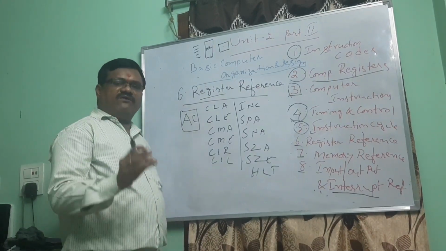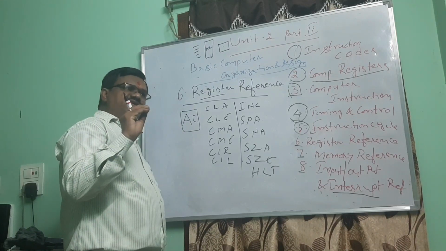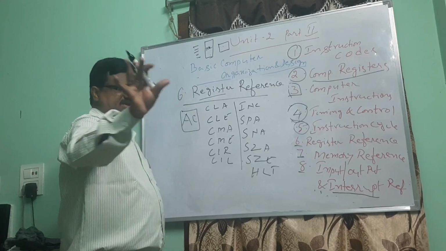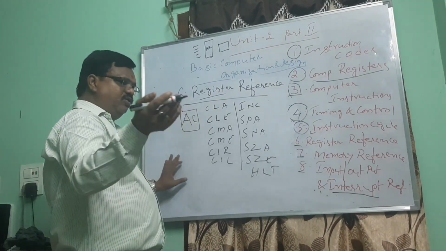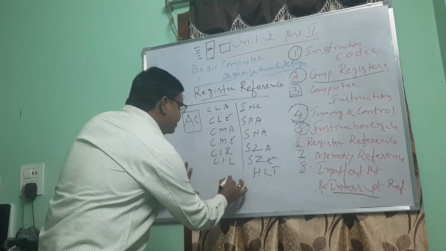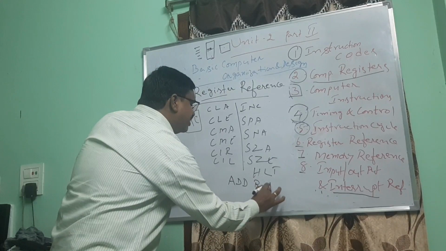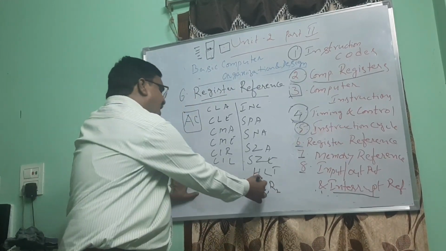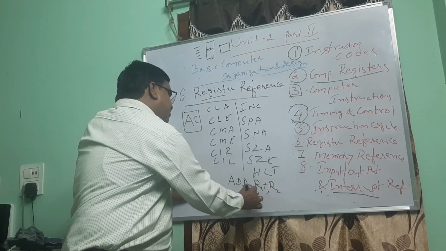This is one of the default registers, which will be there in each instruction. For example, you may get confused. If I say add R1, R2, it is very clear. R2 and R1 get added. The result will be stored in R1.